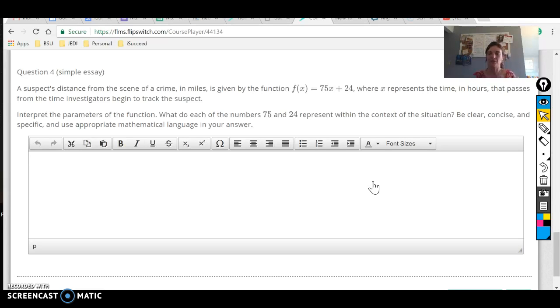Okay, so the parameters of this function are that since x is time, x can only be positive real numbers. So let's go ahead and write that first.